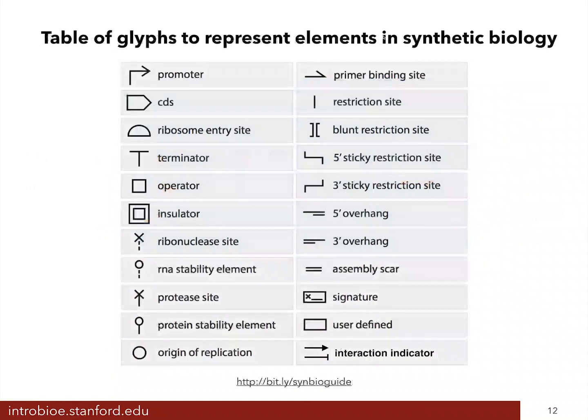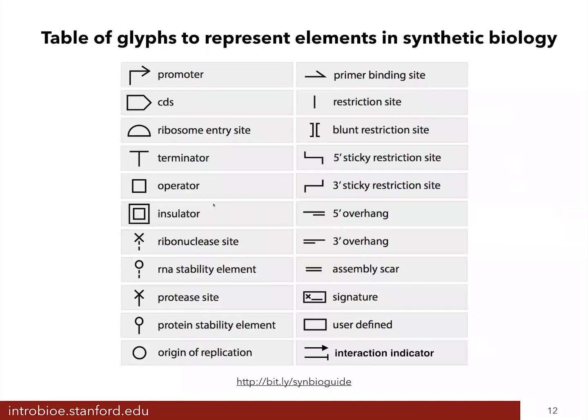In order to communicate about what is happening within a cell, we have come up with a table of glyphs to represent different elements in synthetic biology. So we already talked about the glyph for promoter, but there are also little shorthands for coding sequences or genes, for ribosome binding sites. For terminators, these are segments of DNA that stop the movement or the activity of RNA polymerase.